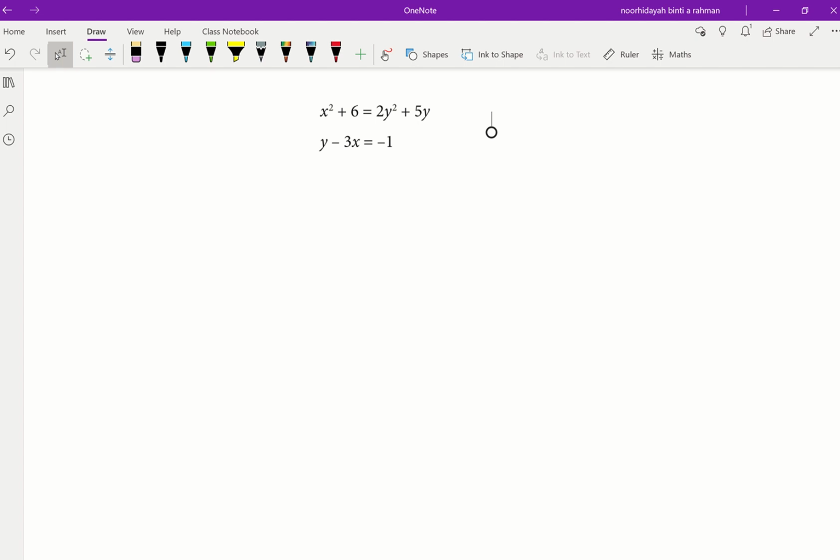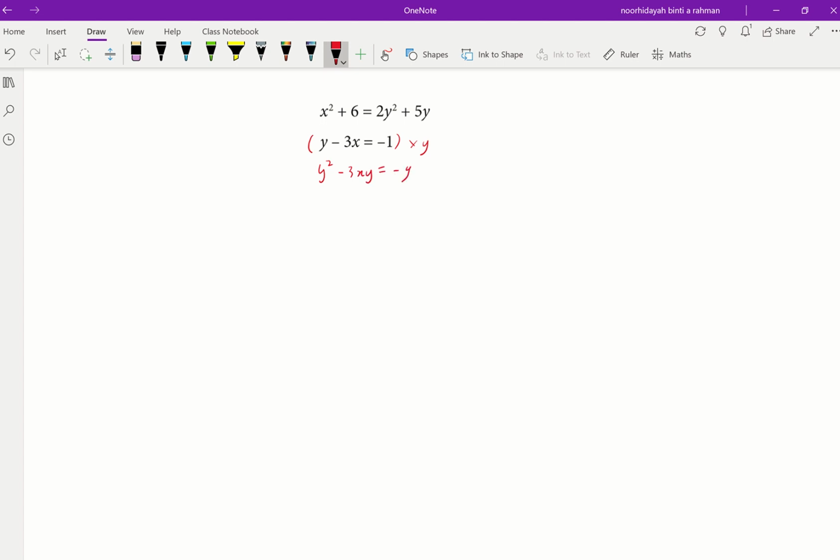So first things first, let's determine if we want to choose the elimination process. If I multiply this equation by y, then it becomes y squared minus 3xy equals negative y.